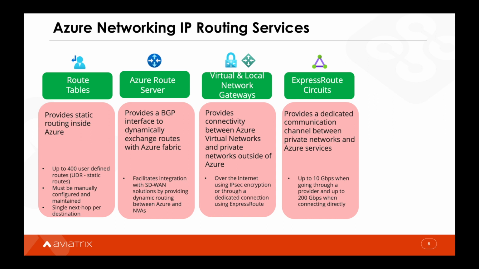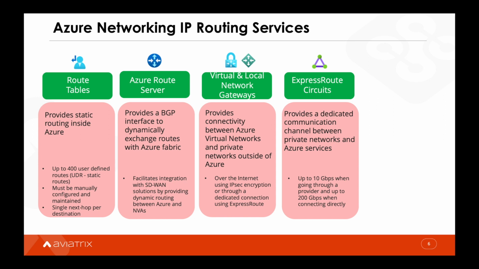There are two circuit SKUs. One is standard and one is premium. The difference is a standard circuit supports up to 4,000 VPN prefixes, pretty much the same as with the VPN gateway from on-premises, and can be connected up to 10 different ExpressRoute gateways. This is regardless of the size of the circuit and the gateway. Premium circuits support up to 10,000 VPN prefixes from on-premises and can be connected up to 100 different ExpressRoute gateways.